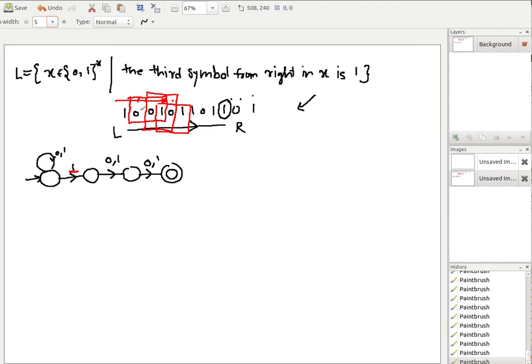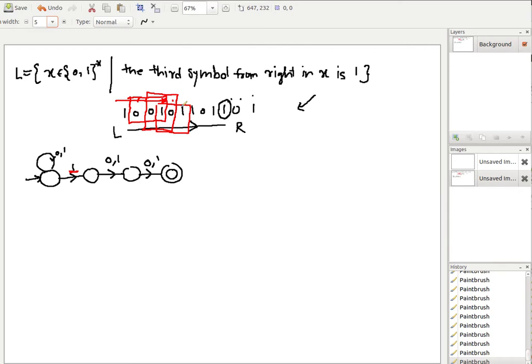Now just keeping this first symbol in the window will not be sufficient, because the state also has to say that after taking a 0 or 1, if you had this particular window 101, when you see a 1 after it, where the next window will be. So at this state we have to remember the whole window, and how many different possible windows can you have with 3 symbols?